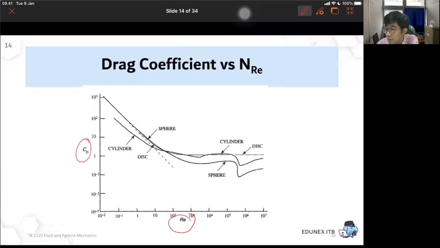Like for sphere, you can follow the sphere line. For the other types, for the cylinder, for the disc, you can follow a different line. What can you see from this diagram?